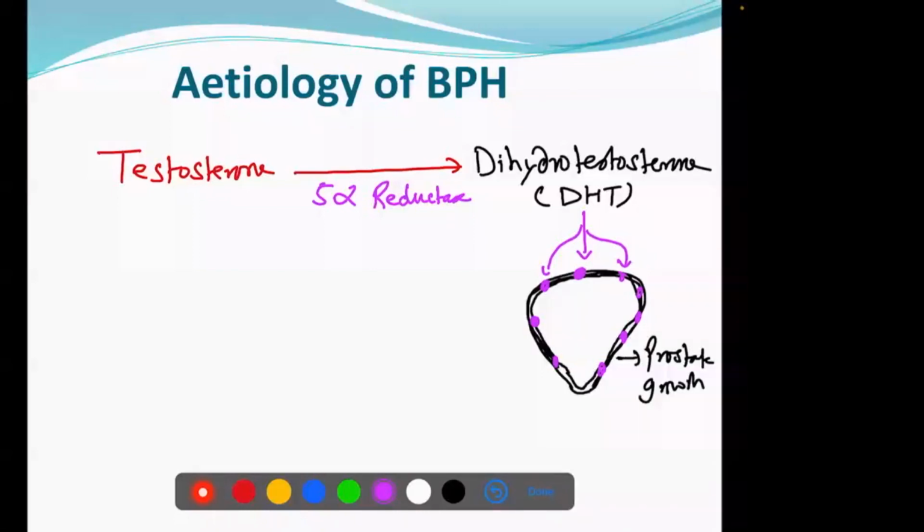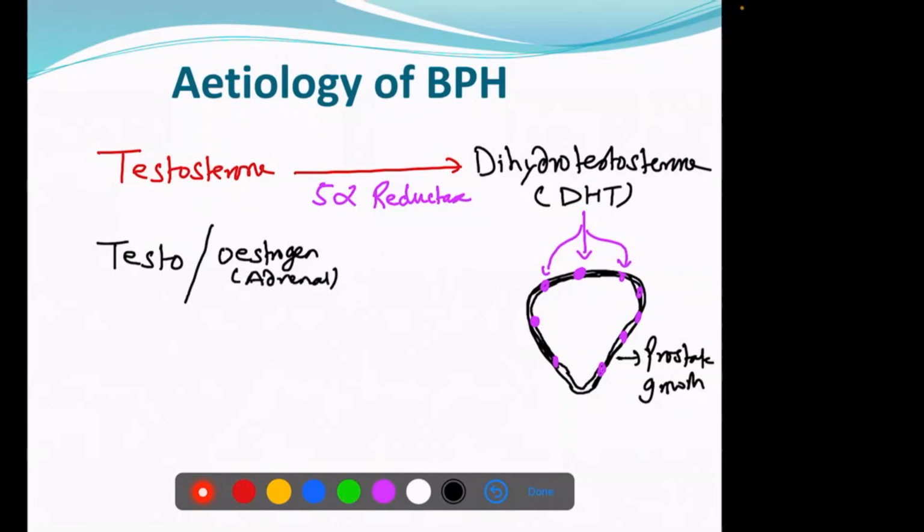Male has testosterone, no doubt, right? This is the main hormone in male, but male also contains a very little amount of estrogen. Estrogen is the main hormone for female, we know that, right? But in male also, estrogen is produced by the adrenal gland.